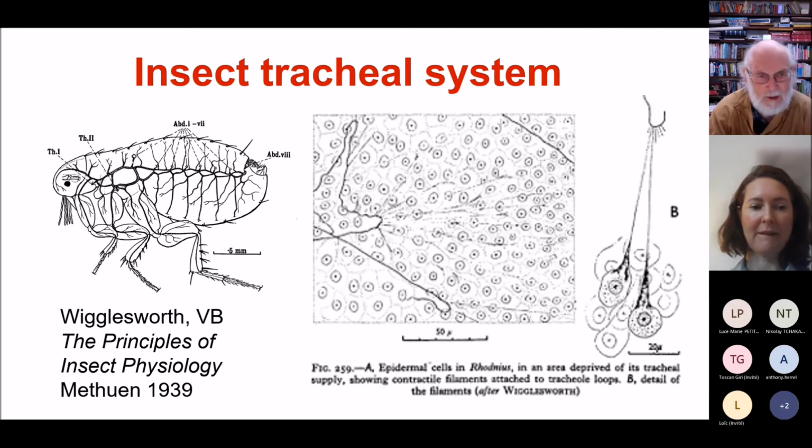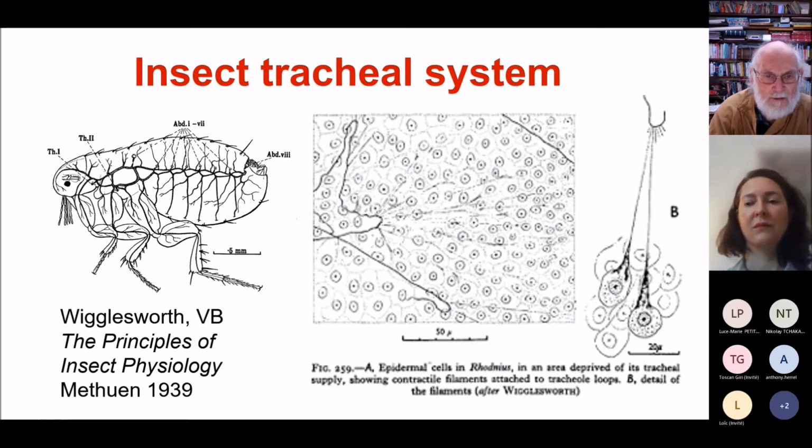And many years ago, a very famous, almost the inventor of insect physiology, noted in Rhodnius, which was his favorite insect, that if he depleted an area of the tracheal system so the cells weren't getting enough gas exchange, the cells would actually send out little processes which would grab hold of the nearest bit of the tracheal system and pull it towards them.